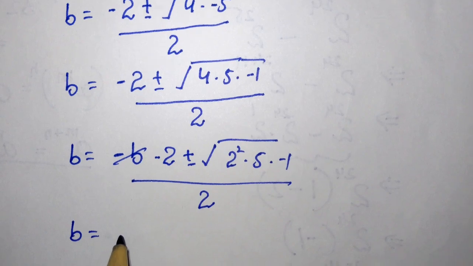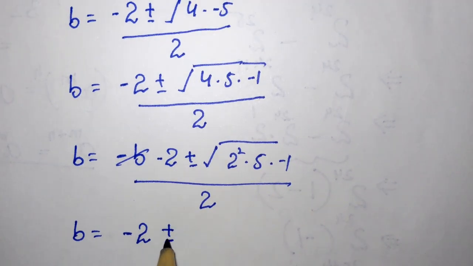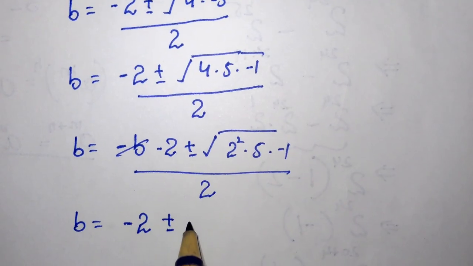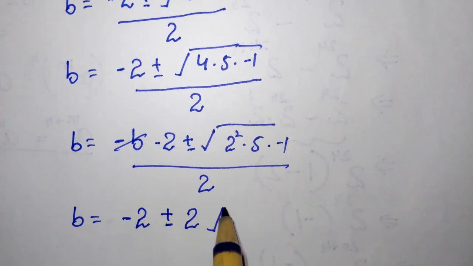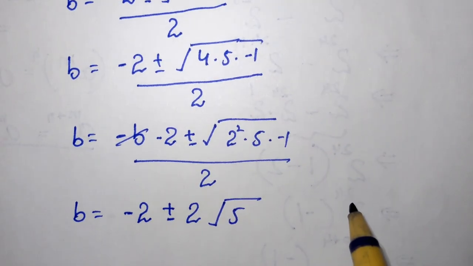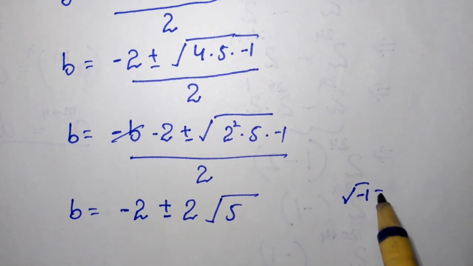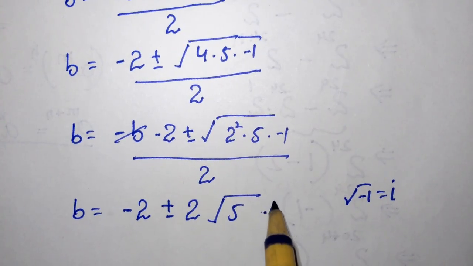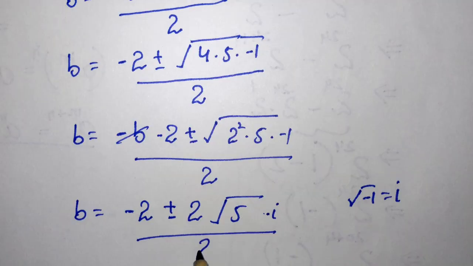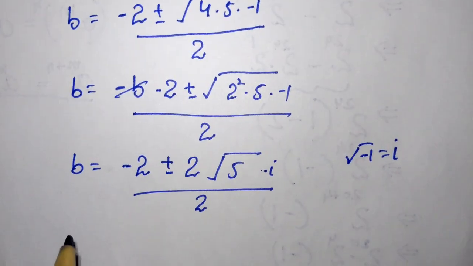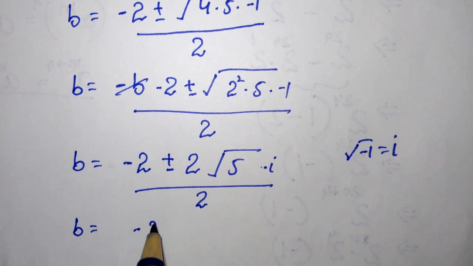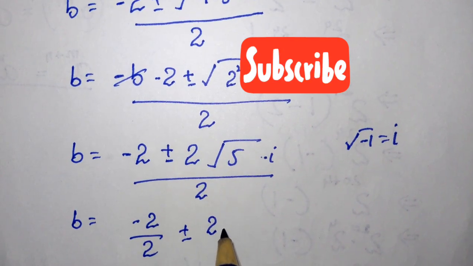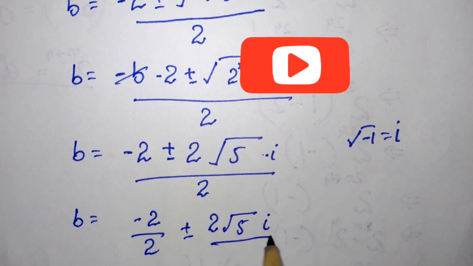B is equal to minus 2 plus or minus, here the 2 moves outside because square cancels the square root, this will become 2 square root of 5, and here minus 1, we know that square root of minus 1 is equal to i, so we put i in place of minus 1, over 2. B is equal to minus 2 over 2 plus or minus 2 square root of 5i over 2.